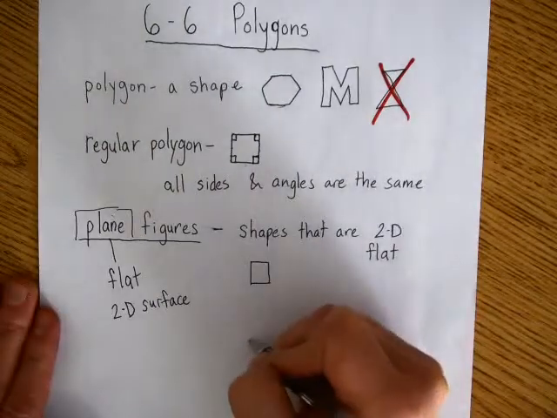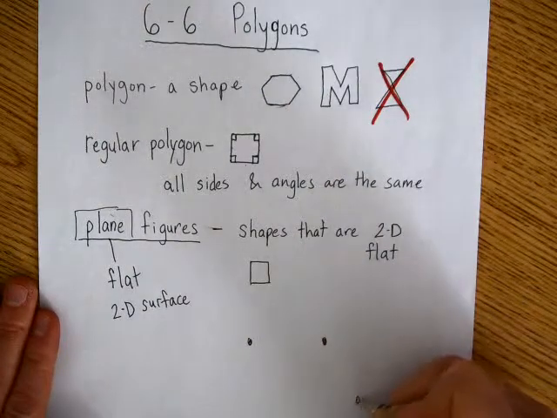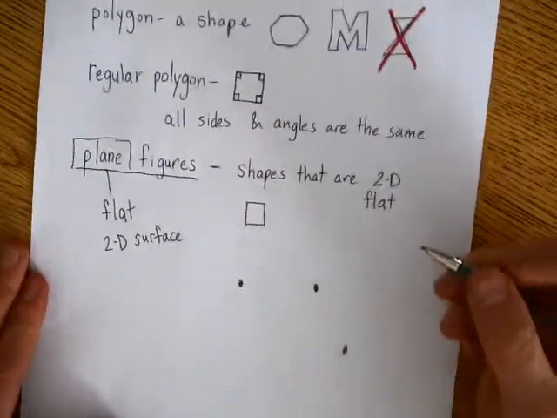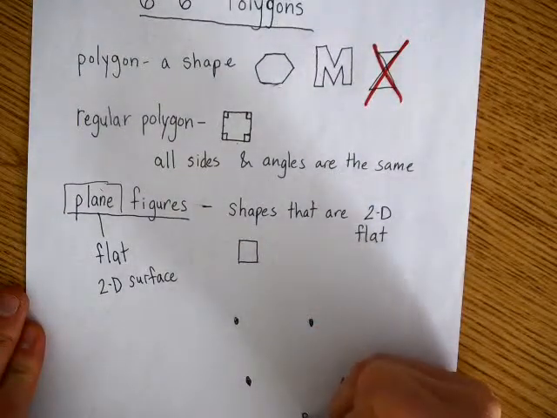So for example, if we have some points here, like this, I'll make sure I draw it so everyone can see, here and here, let's say.